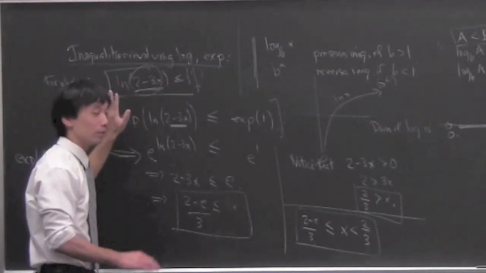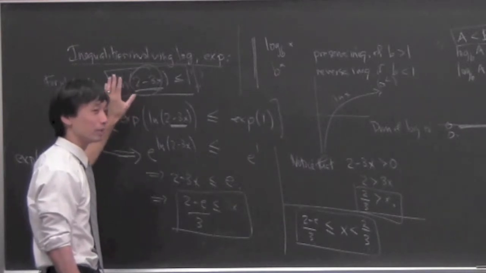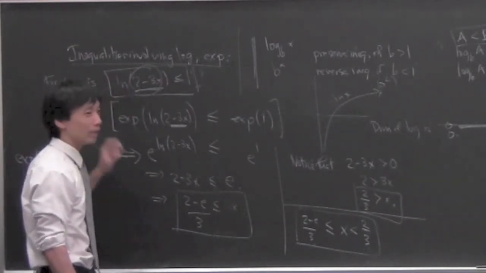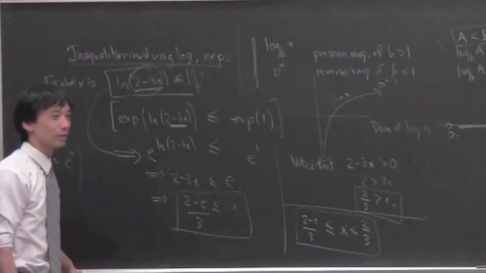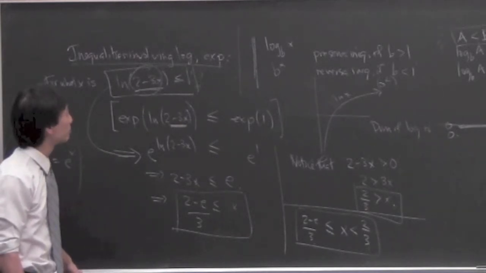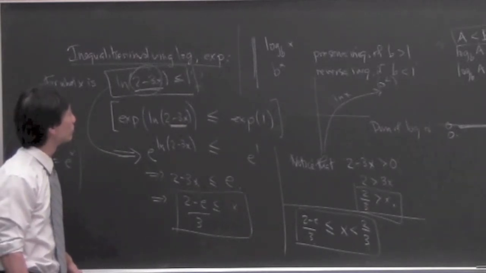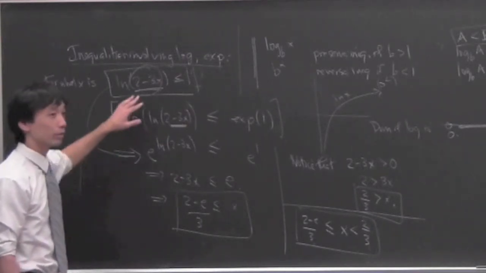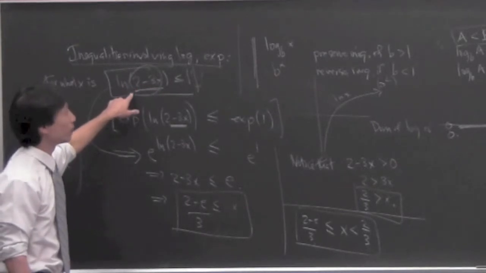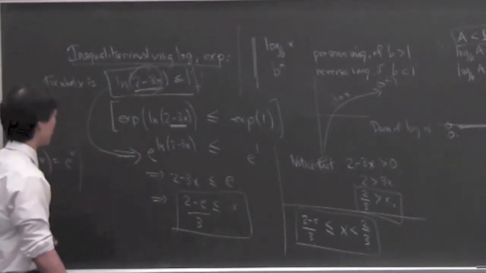So yes, it's fine to do that. It's equivalent, but just be careful. So that would change to e to the 1 is less than or equal to 2 minus 3x, or the other way? Greater than or equal to, because the base is bigger than 1.